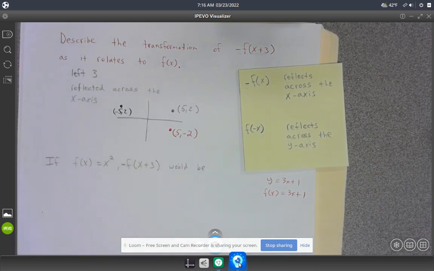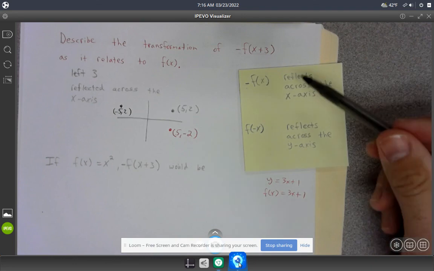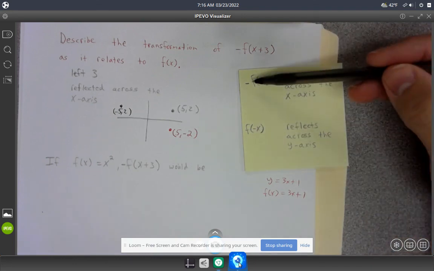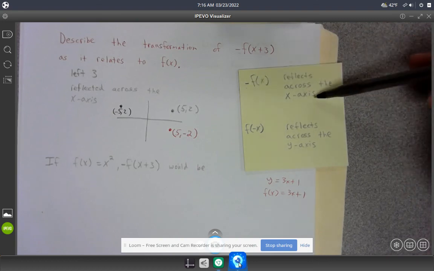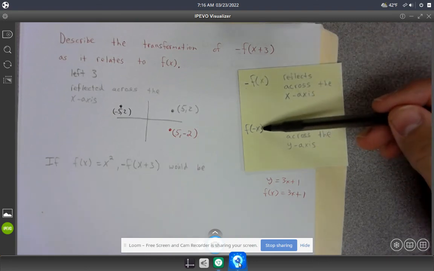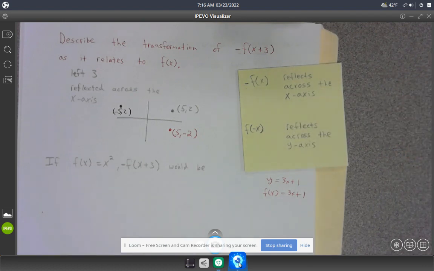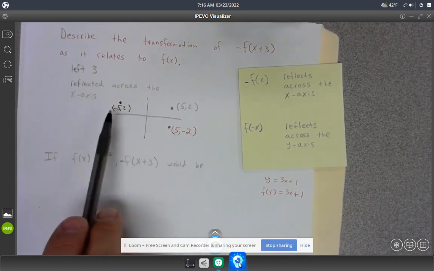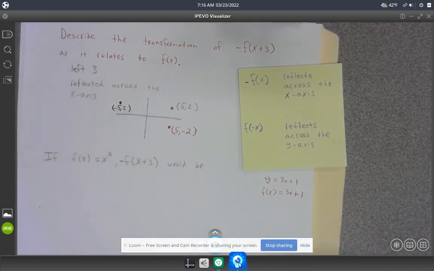And so it looks like it's just being flipped across the y-axis. That's what's going on with the notation for these two. So if you put a negative on the outside, it flips it across the x-axis. If you put the negative on the inside of the parentheses, it flips it across the y-axis. Because you're making all the x values negative, and that's geometrically what happens, it flips it across the y-axis.